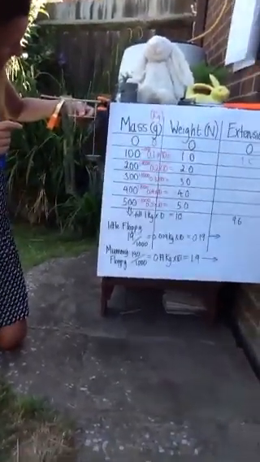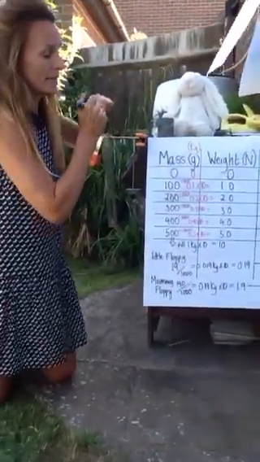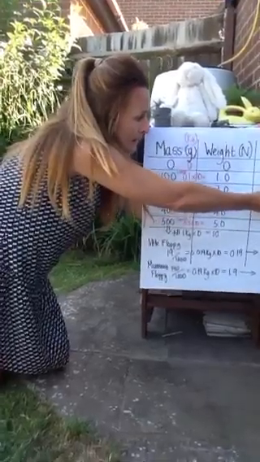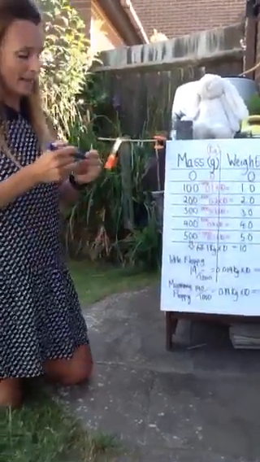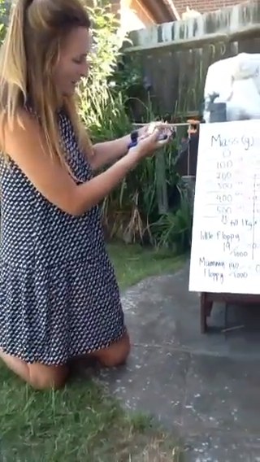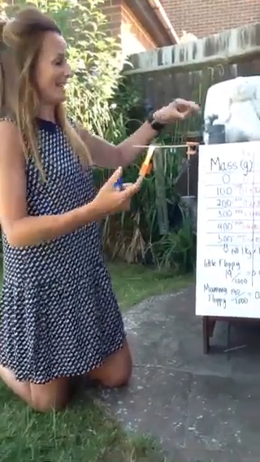I put my lollipop stick across to make sure it was nice. It's about 5.7, so I could put 1.7 on there, because I had to take 4 away. Ideally, I would do it with a clamp stand and clamp my ruler so that the bottom of the spring was at the start, so I just measure off the extension. But unfortunately, I don't have anything like that at home.